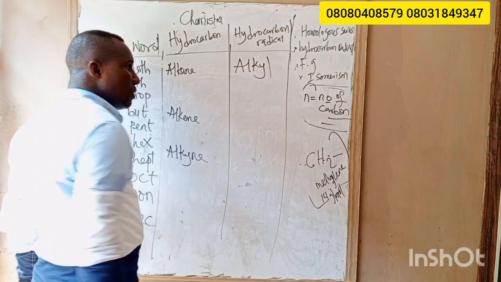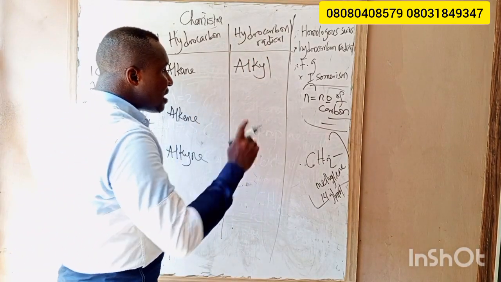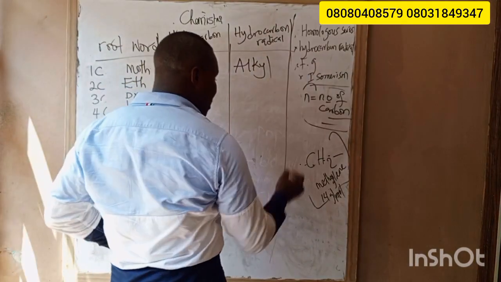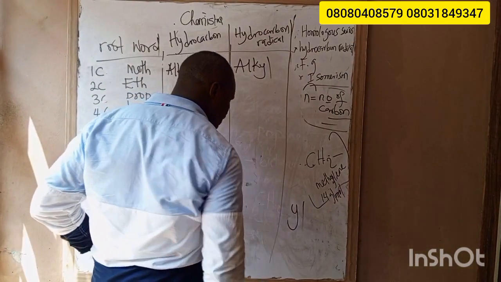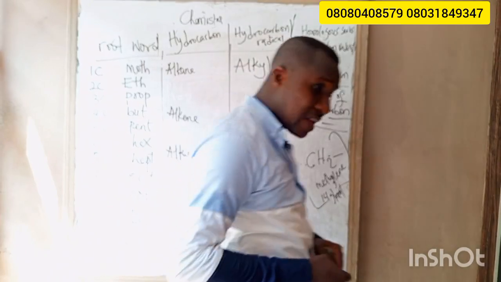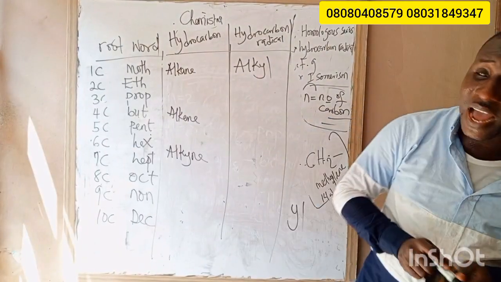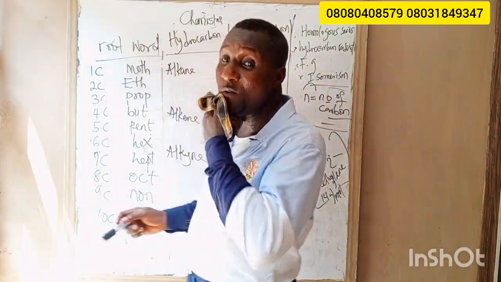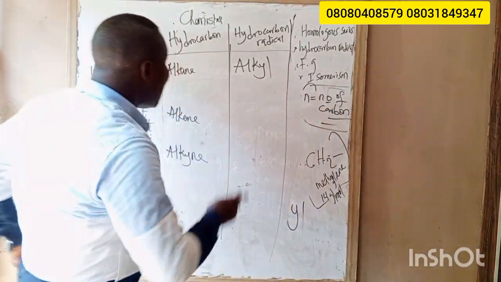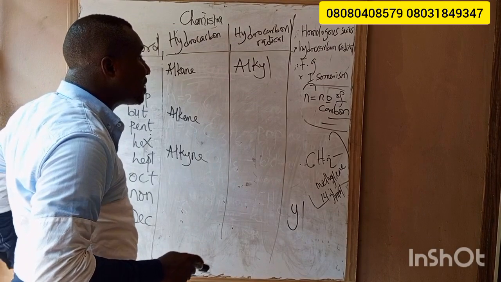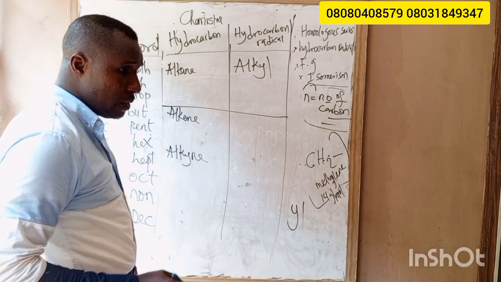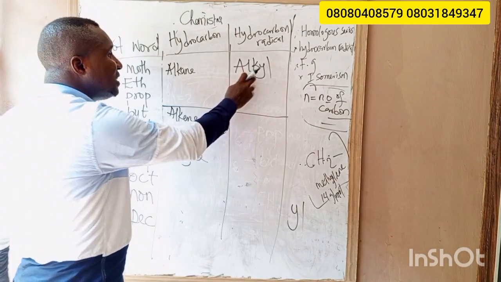Alkyl. The radicals carry YL. The hydrocarbon radicals carry what? YL. Take note. The hydrocarbon radical of alkane is alkyl.